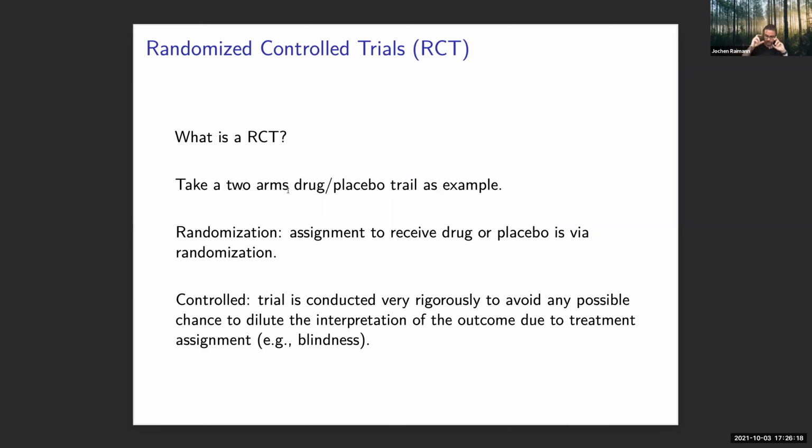So the only thing you get and you're interested in is the difference between the control arm and the actual intervention arm. And this is labeled the so-called treatment effect. So the trial is conducted to avoid chance to dilute the interpretation of the outcome due to treatment assignment. So we're trying to take out all confounding effects.